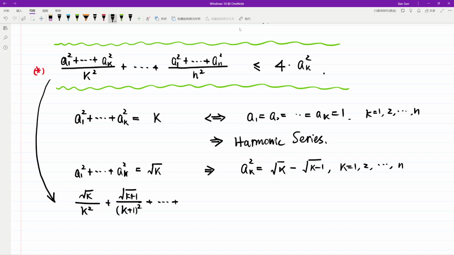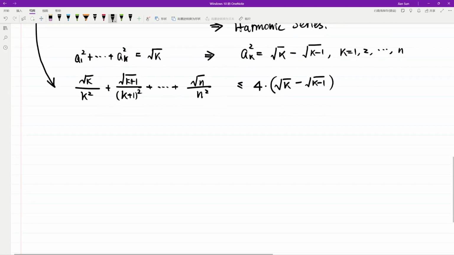We add up all the way to square root of n divided by n squared. We want to show this is bounded by 4 times square root of k minus square root of k minus 1. Let us check this inequality.